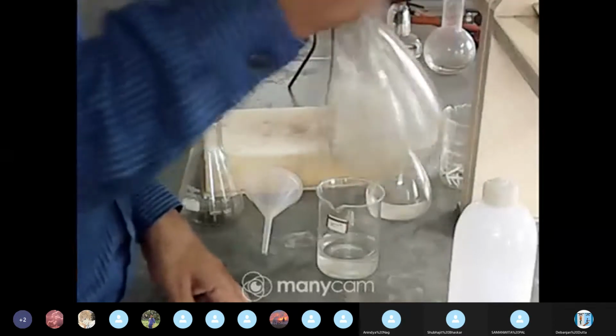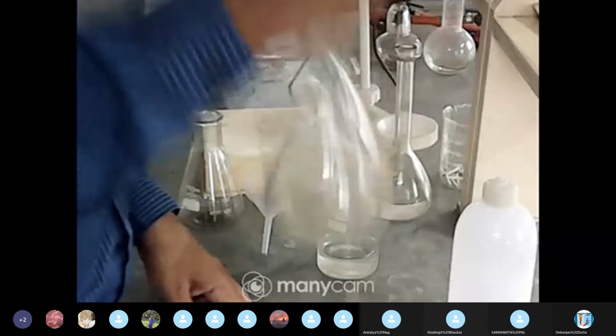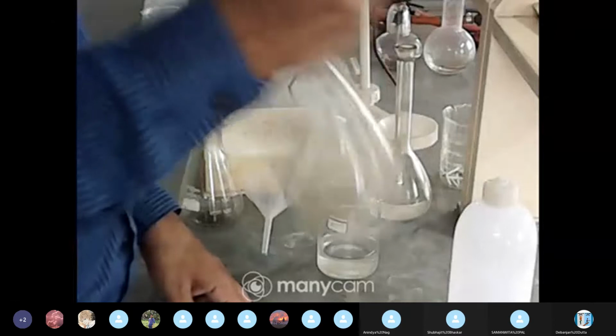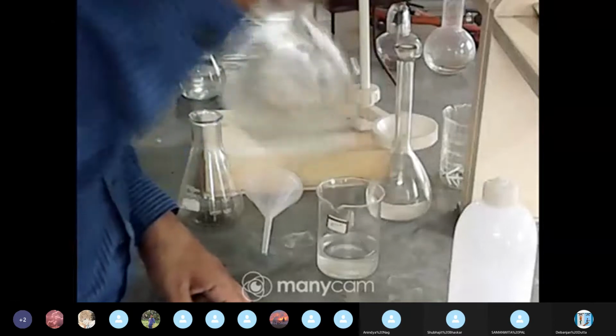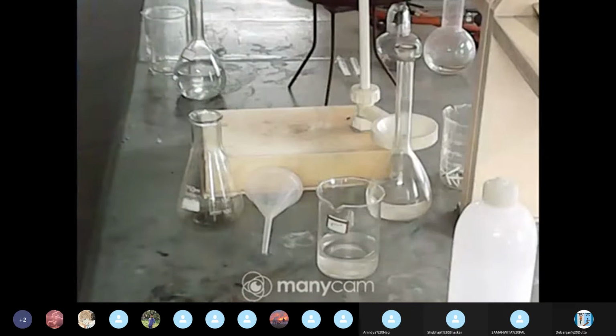You have to titrate it thrice, that is, you have to take 3 concordant readings. For this, you may have to titrate more than 3 times. Now add water to it.